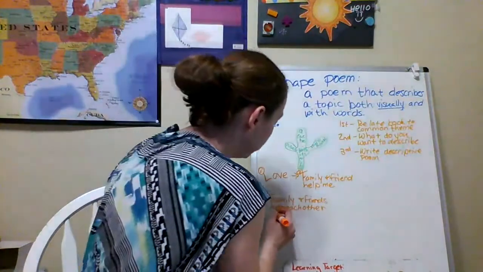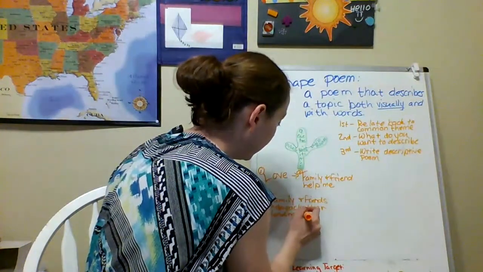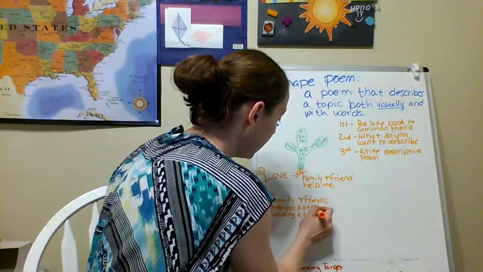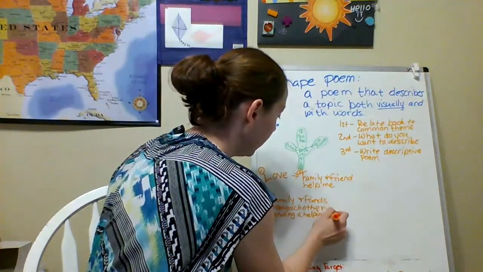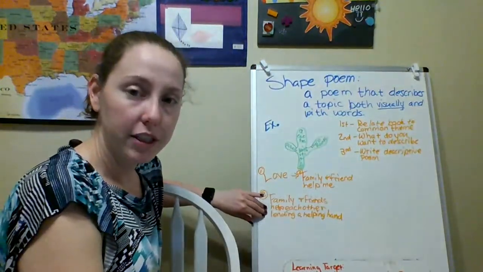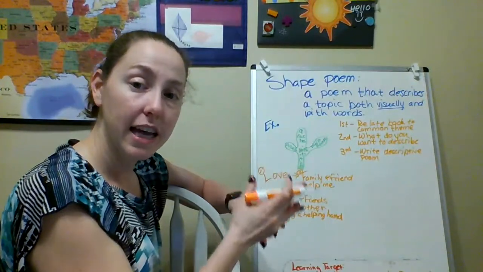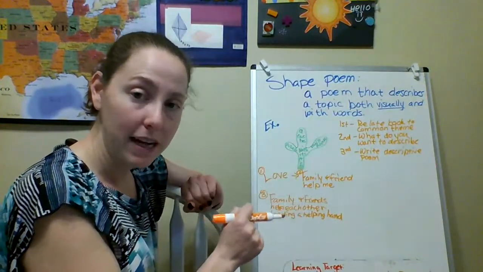So, lending a helping hand. Okay? So now I've written my poem, which is descriptive. I'm talking about family and friends, my love for them because they help me out, always lending that helping hand.